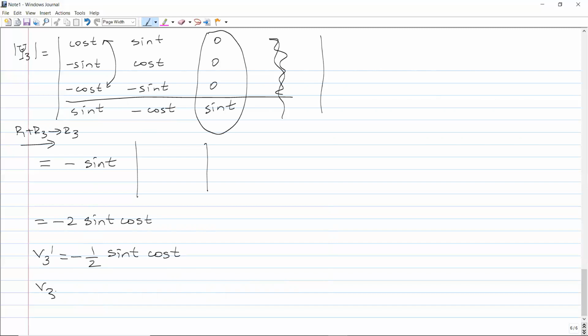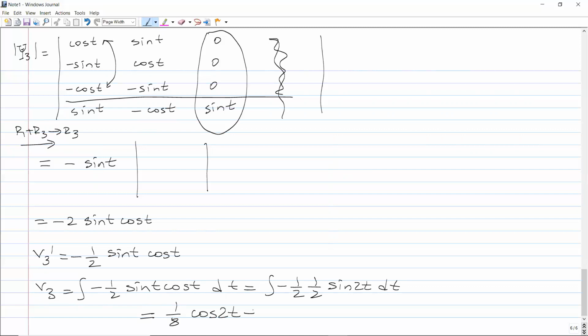So V3 is the integral. To take the integral, again, we write sine t cosine t as 1/2 sine 2t. So V3 is 1 over 8 cosine 2t plus C3.